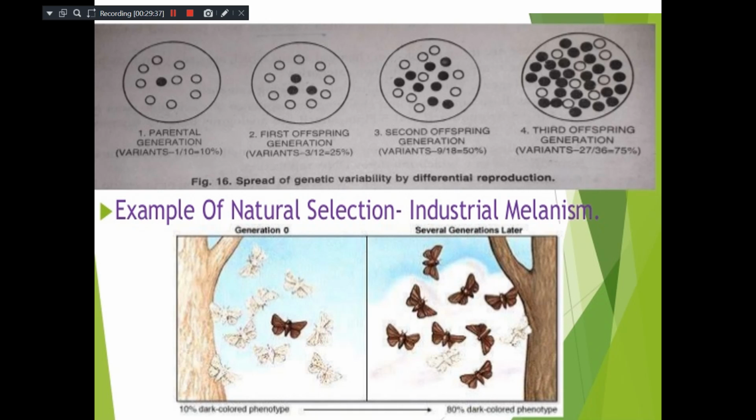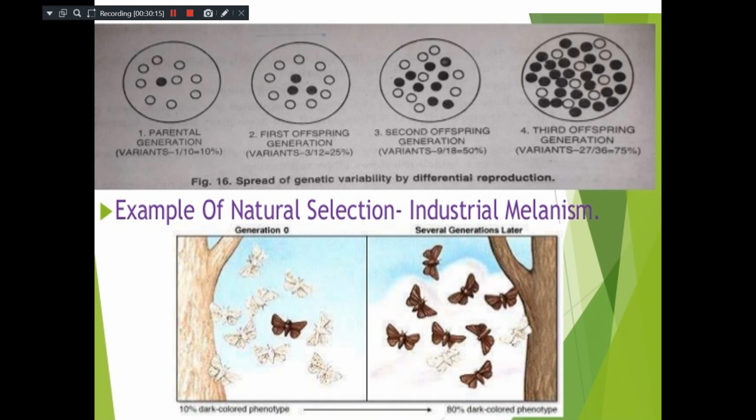This process continued. In the next generation, there were almost 50% dark pepper moths, 50% grey pepper moths. But in the third generation, the number of grey colored pepper moths decreased drastically, and almost 75% of these peppered moths were dark colored. This is how the reproductive success and the process of natural selection work.